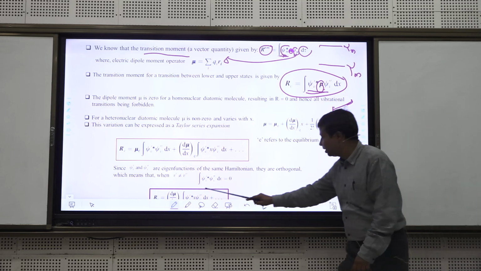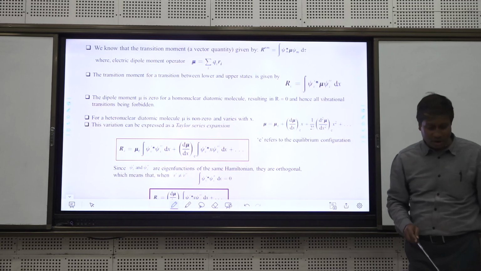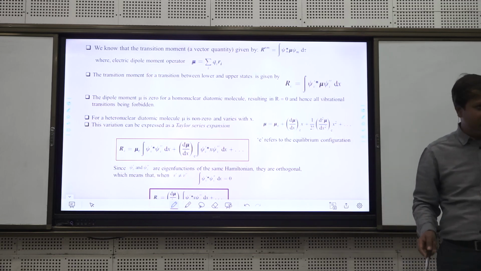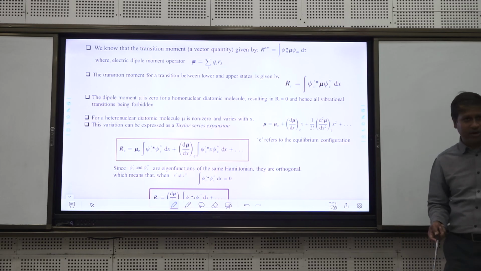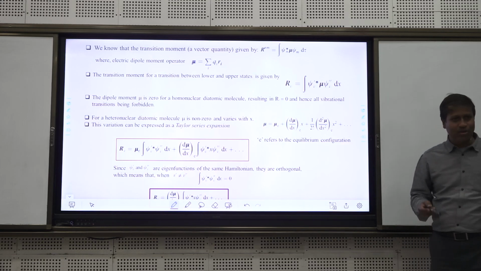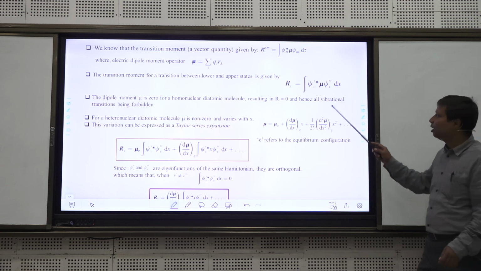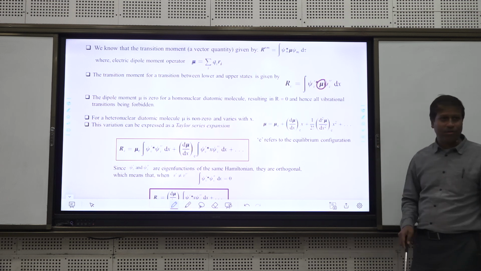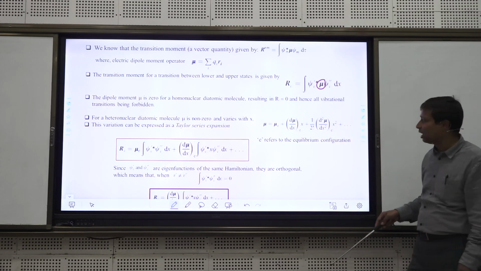Before that, let us talk about why a molecule having no permanent dipole moment does not show an IR spectrum. If the molecule has no permanent dipole moment, then that molecule is IR inactive, because this term becomes 0. So the intensity is 0. This is a kind of selection rule, and you are seeing how it arises.